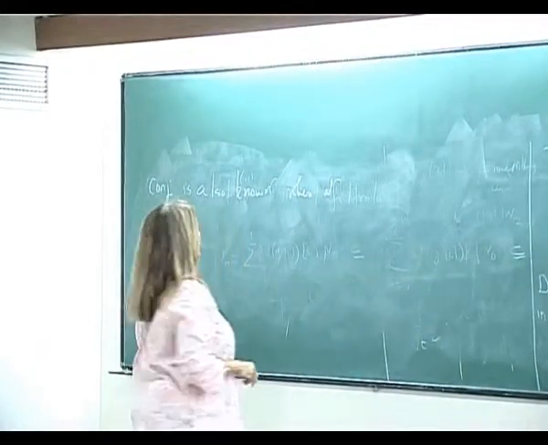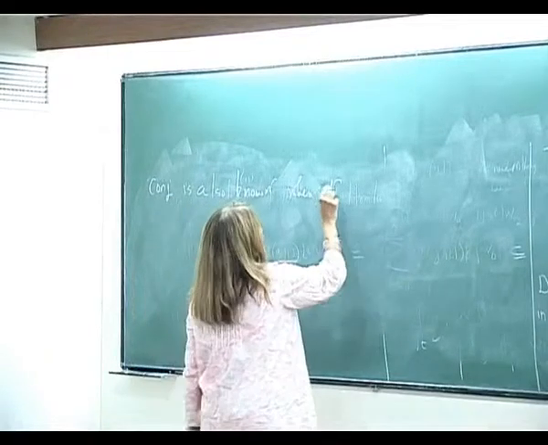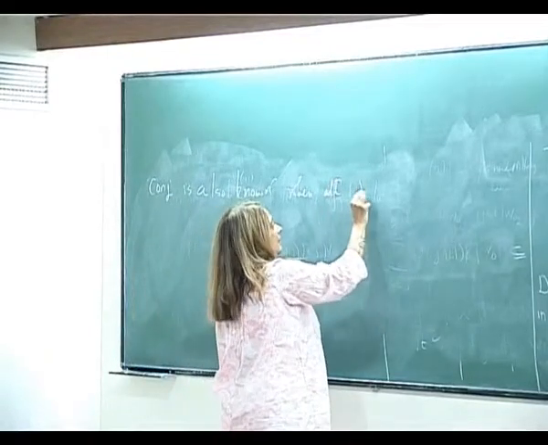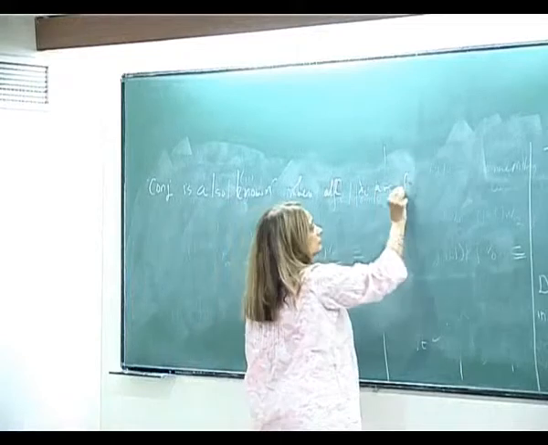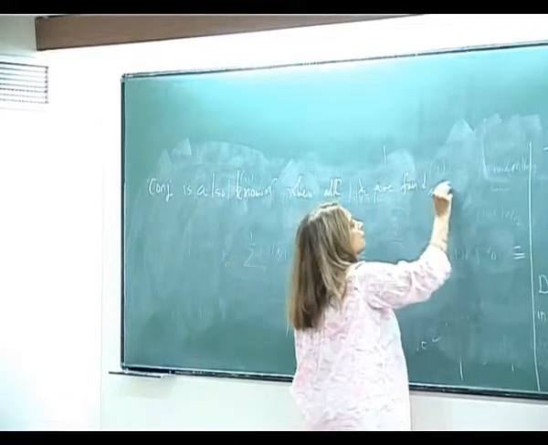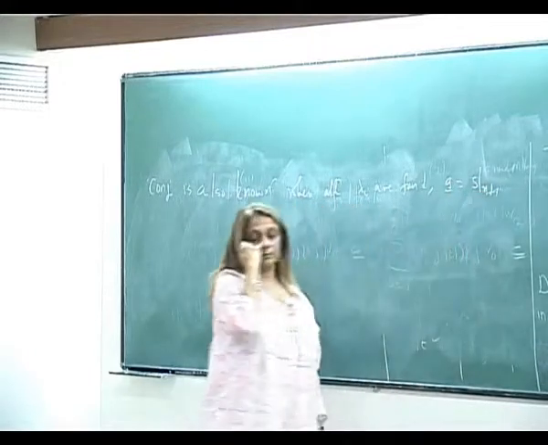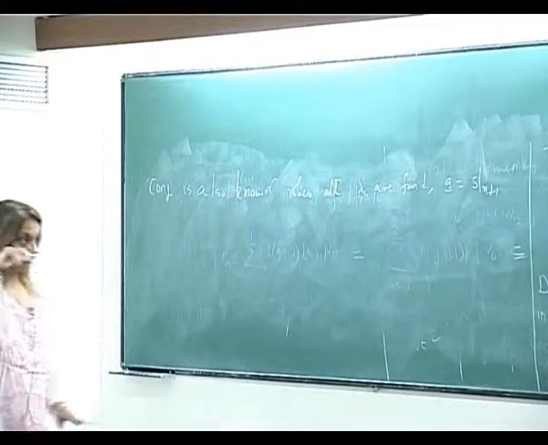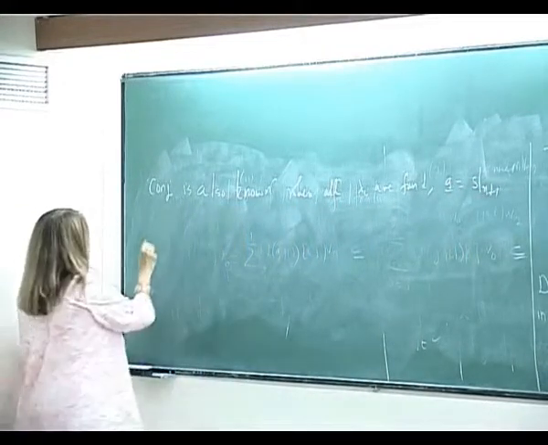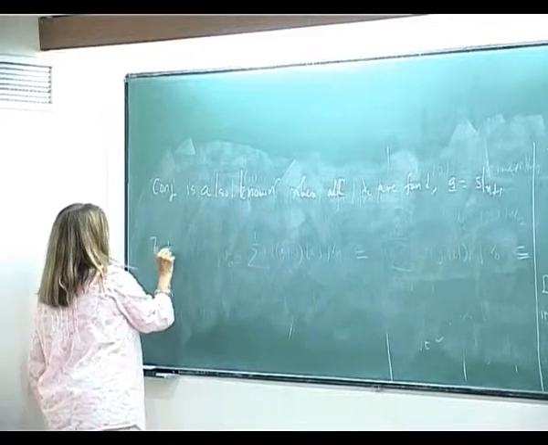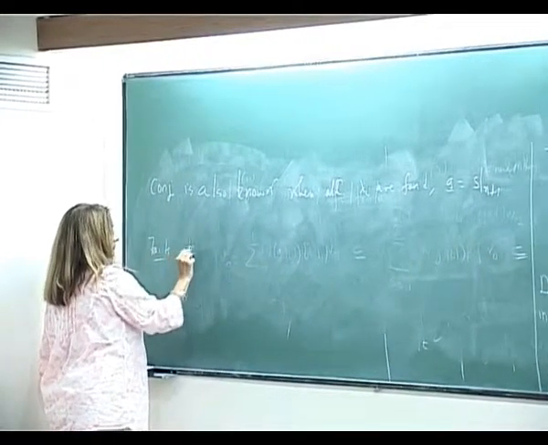I don't want to make such commitments, but for SL_{N+1}, this is correct: when all the lambda i's are fundamental and G is SL_{N+1}. I mean, it is known in some other cases, but I don't want to go into that at the moment. So other facts about this fusion.